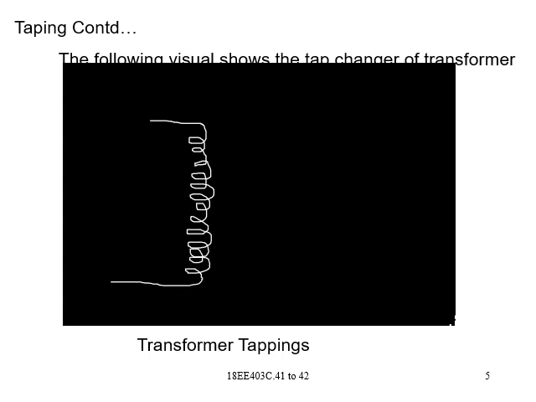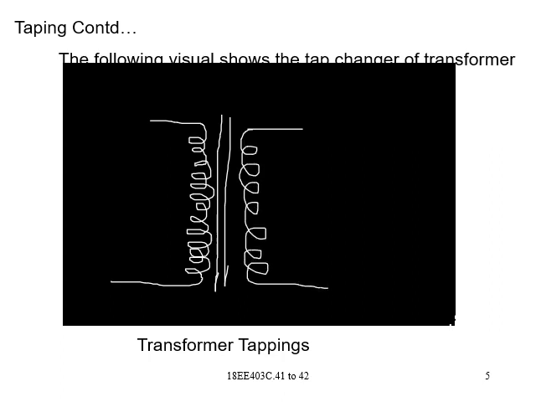This is the winding with a core, and this is the secondary winding connected to the load. This is the load.